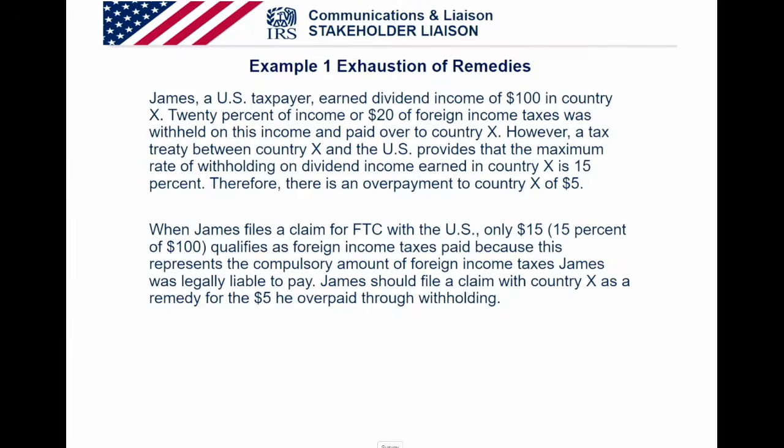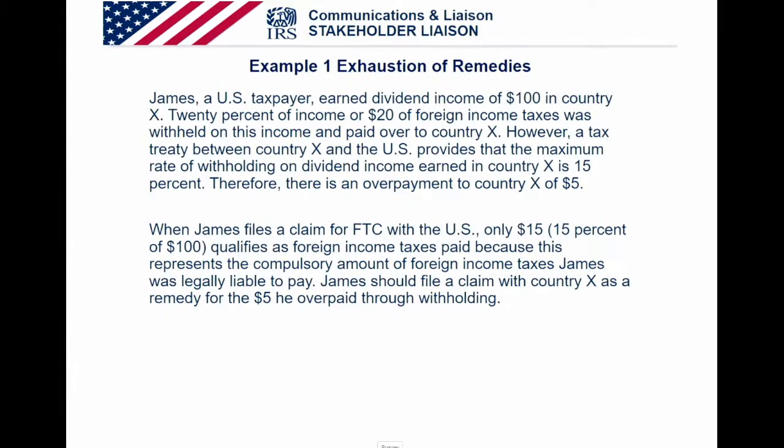As a result, the cost of excessive foreign income taxes could be improperly shifted to the U.S. Therefore, it's very important to ascertain whether the foreign income taxes claimed are compulsory, because as a general rule, taxpayers cannot claim FTCs for amounts paid to foreign taxing authorities when they have failed to exhaust all effective and practical remedies to reduce their foreign tax liability.